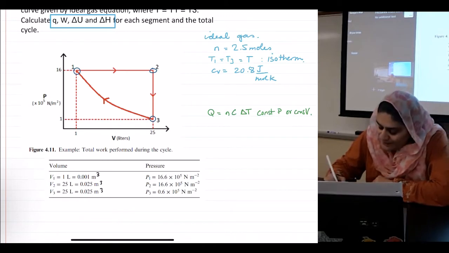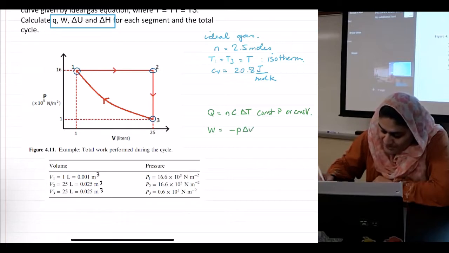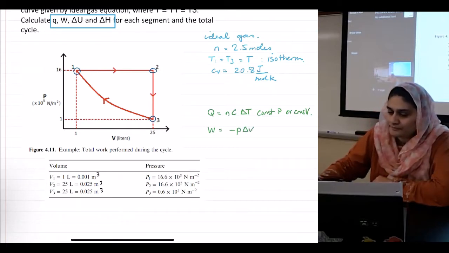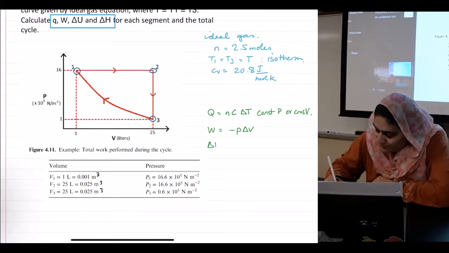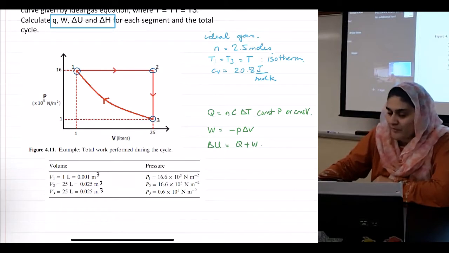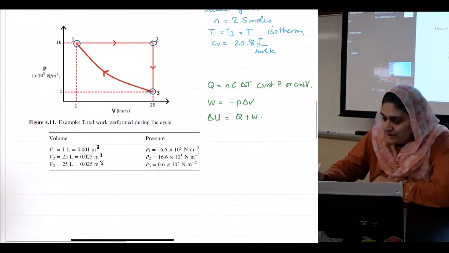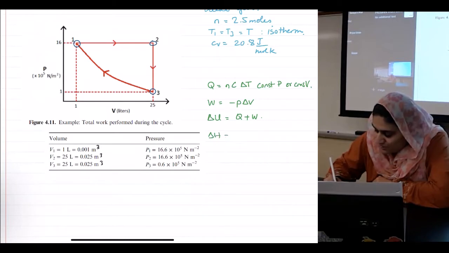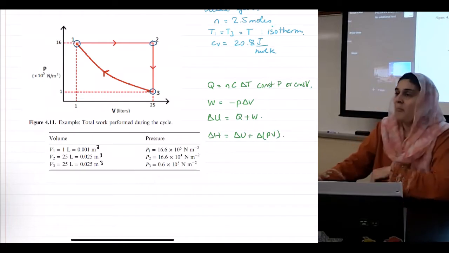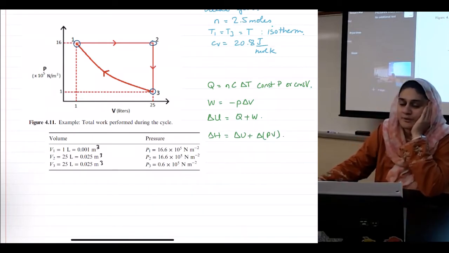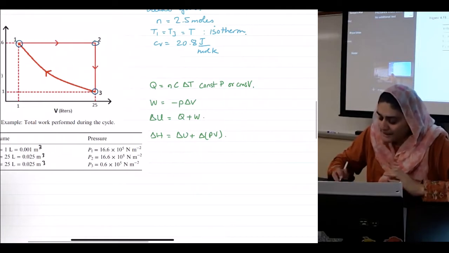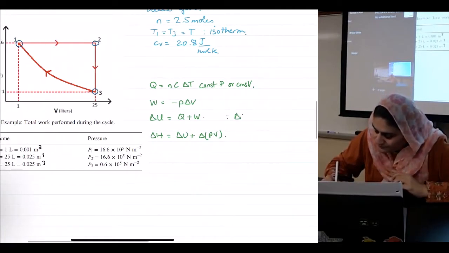Then we have W, which is always minus P delta V. Then delta U from the first law will always be Q plus W. And delta H will always be delta U plus delta PV. So these are the formulas I have. Oh, and also delta U could be NCV delta T.